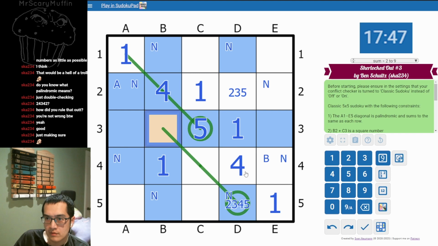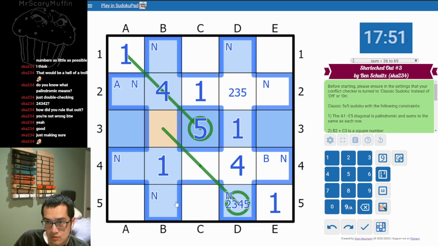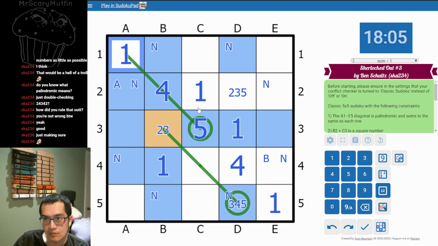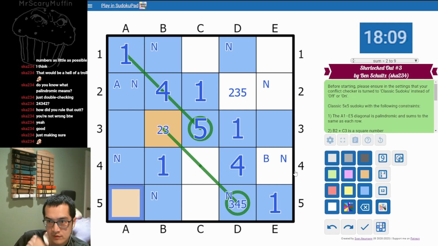Similarly, 4s. Where do 4s go? I don't think it's going to be as restricted as our 1s, unfortunately. And I was right. Well, at least we know this is not a 4. So this is either a 2 or a 3 now, which means this is no longer a 2. We can also put all of these in blue, which means this is our orange friend.